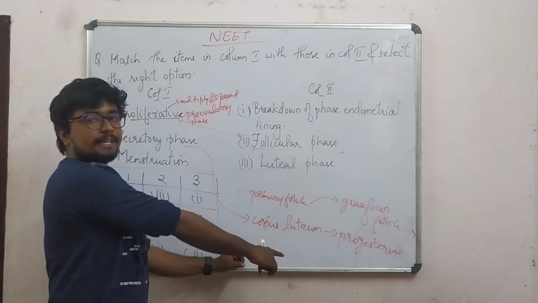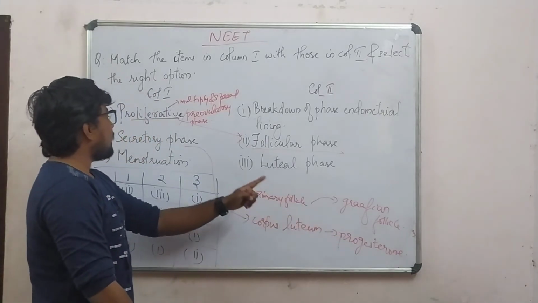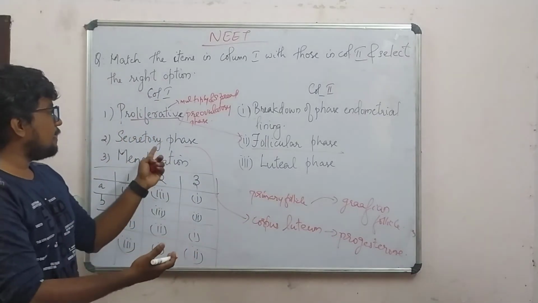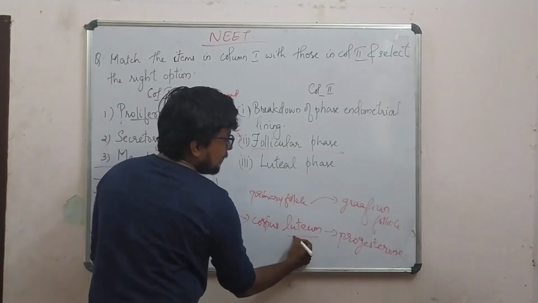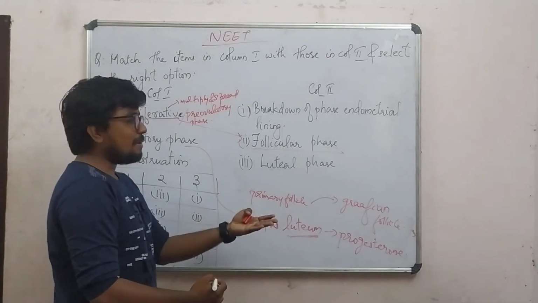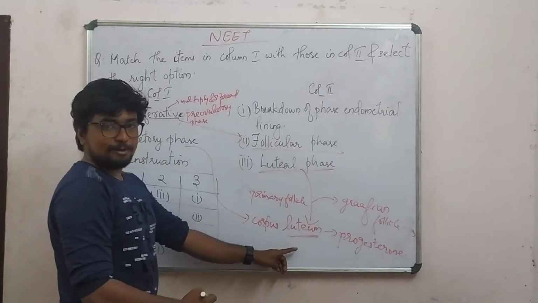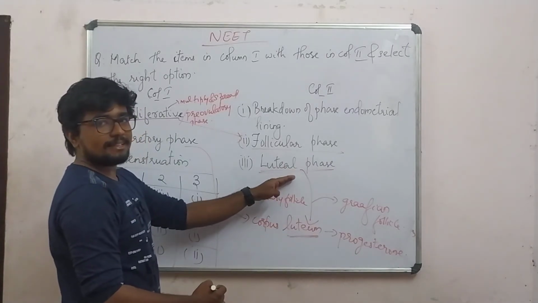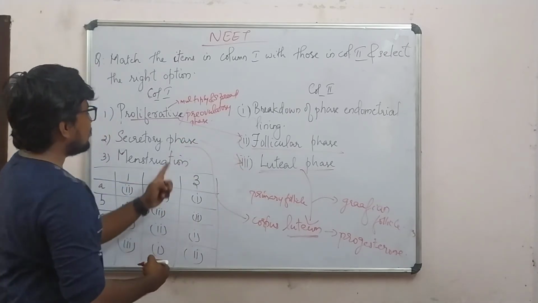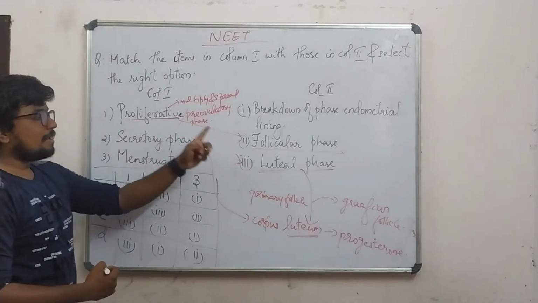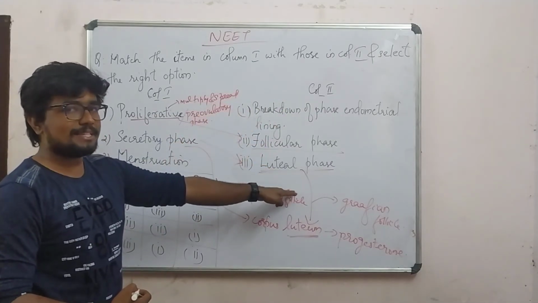So it is a corpus luteum that is responsible for the production of progesterone in the human body, and so secretion happens there, and in the secretory phase corpus luteum is produced. And see the word luteum, so we can easily remember that this luteal phase, it is named after the word luteum. So luteal phase can be recognized as another term for this secretory phase. So number 2 in column 1 matches with number 3 in column 2. So secretory phase, also called luteal phase.